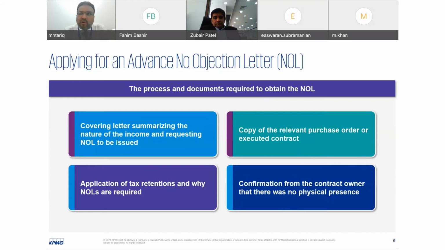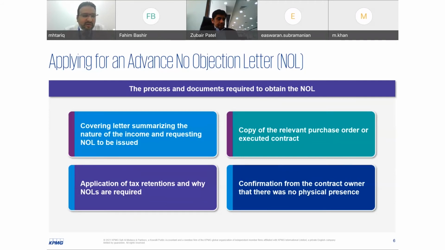But on the other hand, if a contract owner wants to apply for an advance NOL, then almost the same information will be there. We have to submit copies of a contract, and we have to summarize it in a letter as well. But we have seen recently that tax authorities also ask for a confirmation from the supplier, because if the specific supplier has a tax file in Kuwait, or has any other contract in Kuwait, then they will not be eligible to get a no objection letter.